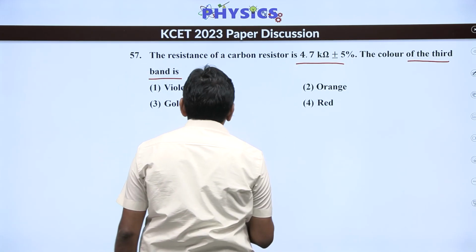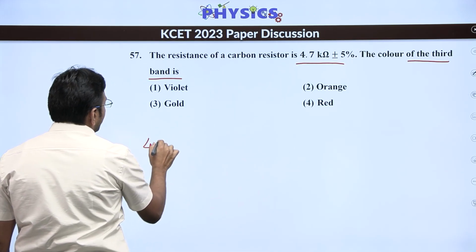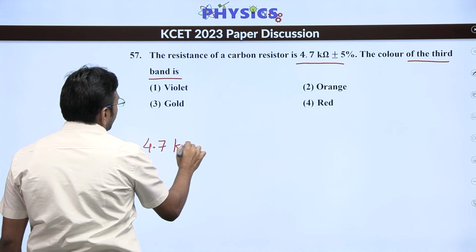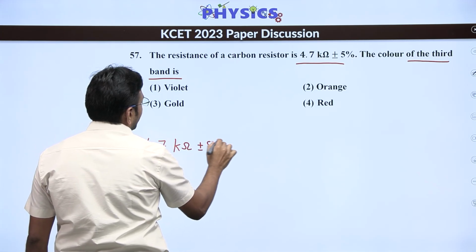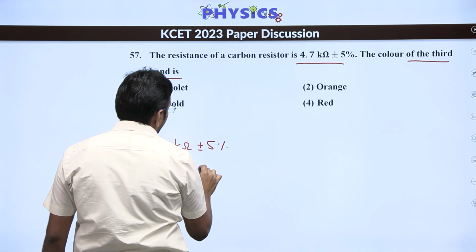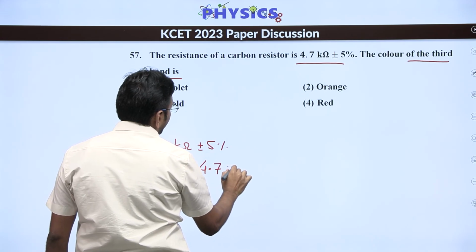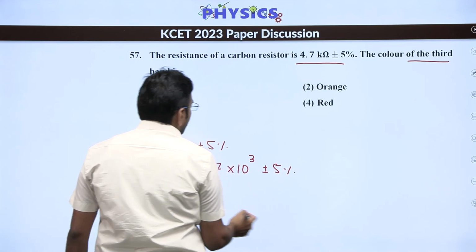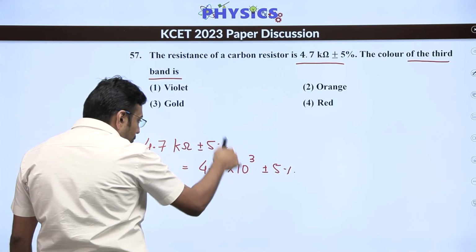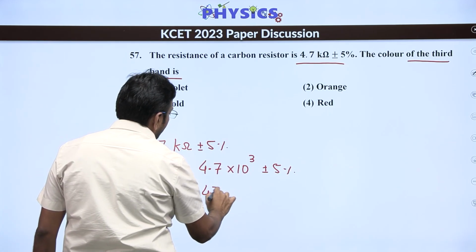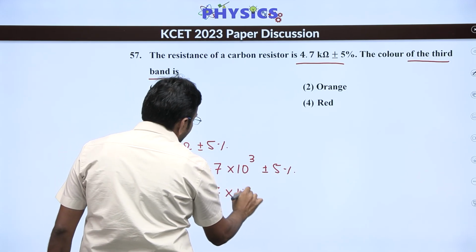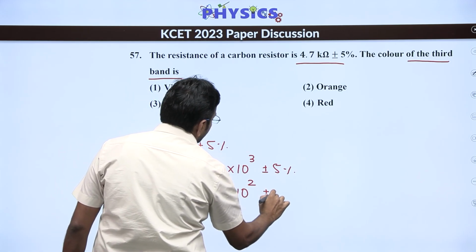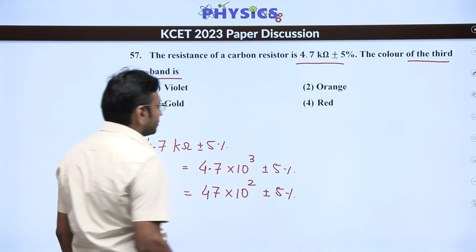So let's convert this into that form. 4.7 kilo ohm plus minus 5% will have to be written as 4.7 into 10 to the power 3 plus minus 5%. And this further I am saying we have to move the decimal one step ahead, and therefore it will become 47 into 10 power 2 plus minus 5%.